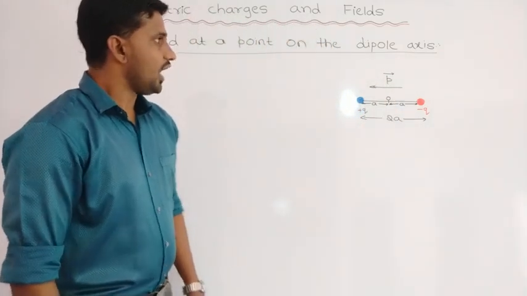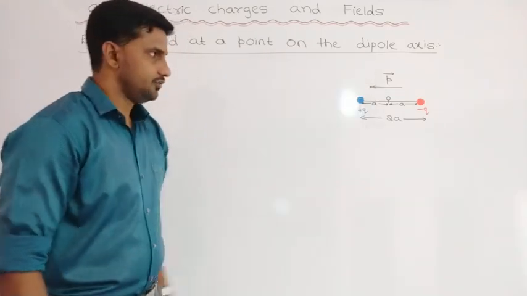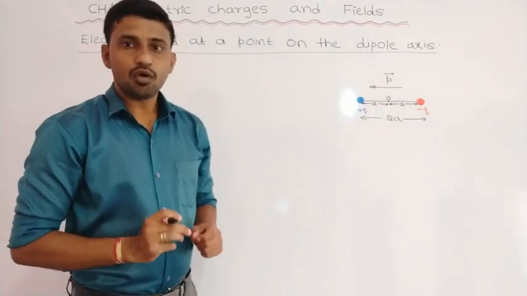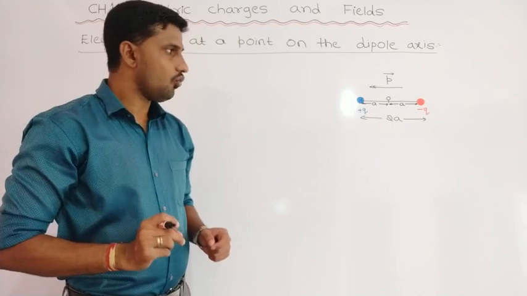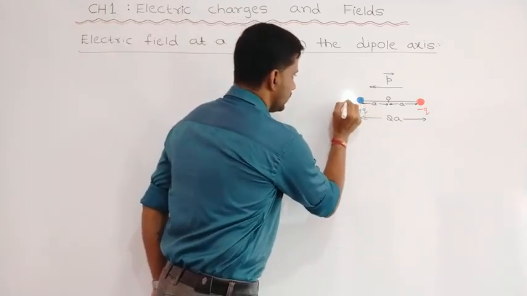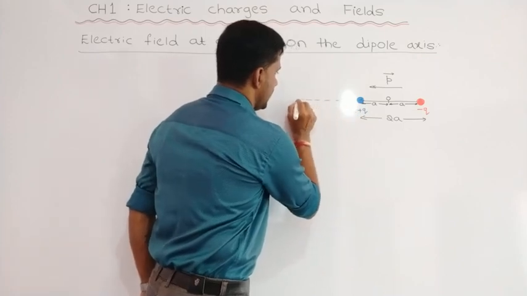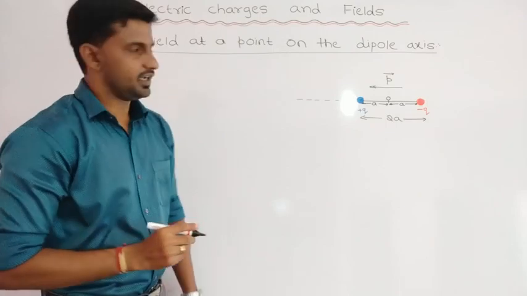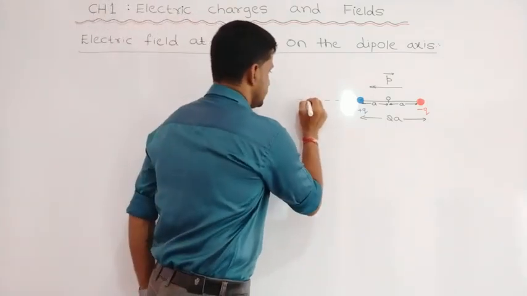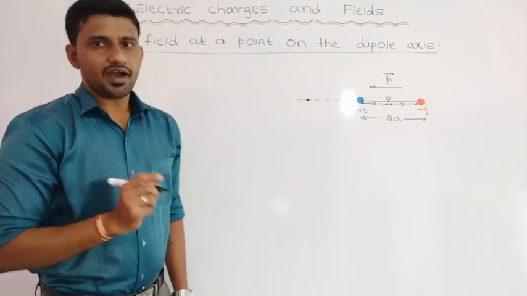Understood? Now I want to find the electric field at a point on the dipole axis. We know that the line joining the two charges is called the dipole length or dipole axis. Now I am extending this dipole axis like this, and I am considering one point on this dipole axis where I am going to find the electric field.